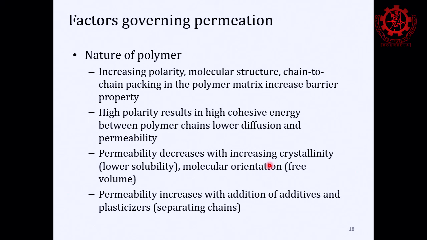For example, most of the polymers are partly crystalline and partly amorphous, right? The crystalline structure would not allow any gas diffusion through it, but the amorphous structure will allow. In the crystalline structure the atoms are really organized in a lattice format, and there is absolutely no space between them for gases to permeate.